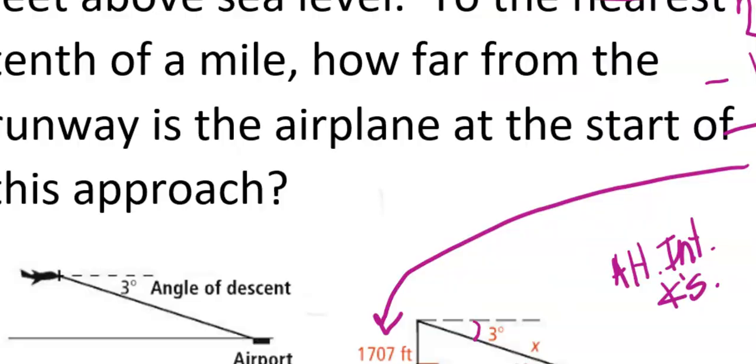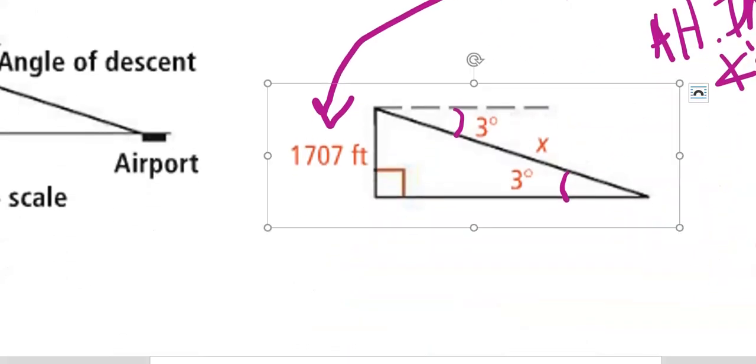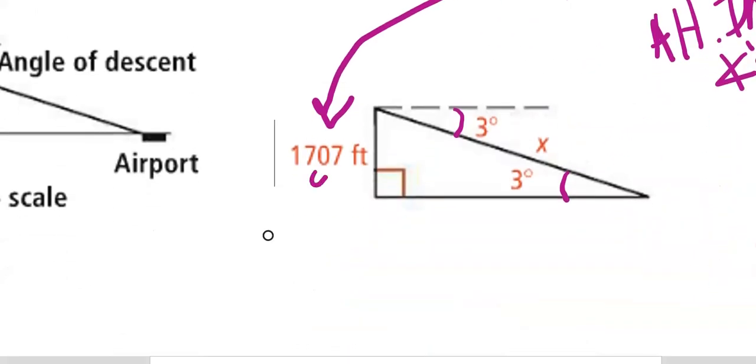Then we label. So I'm going to make it bigger again. So if this is my angle, this would be my opposite side. And what they are looking for is how far away. So I'm assuming they're looking for this one. What is that again? O and A are tangent again.